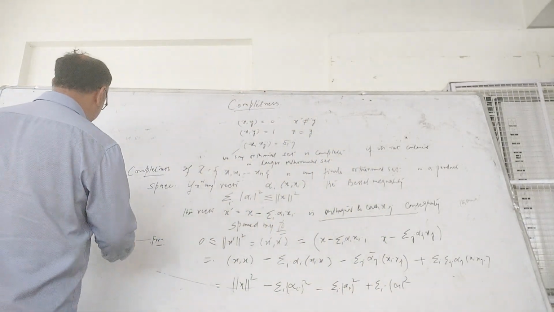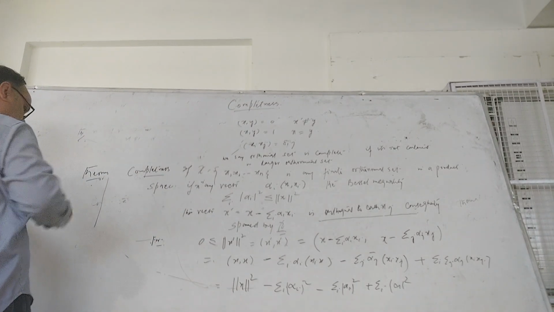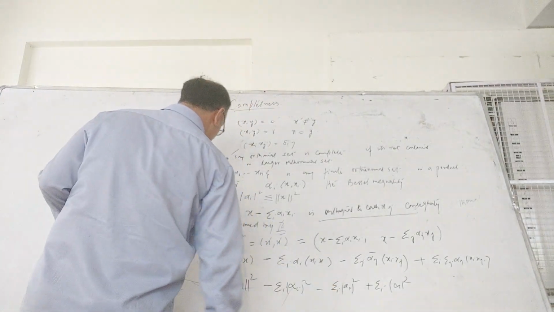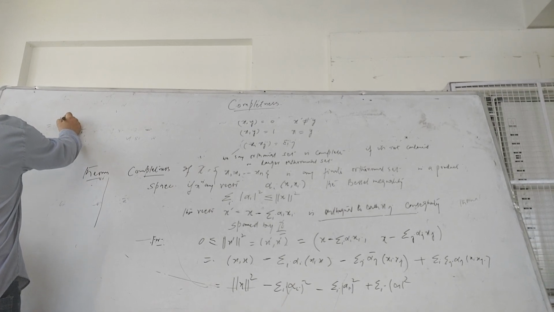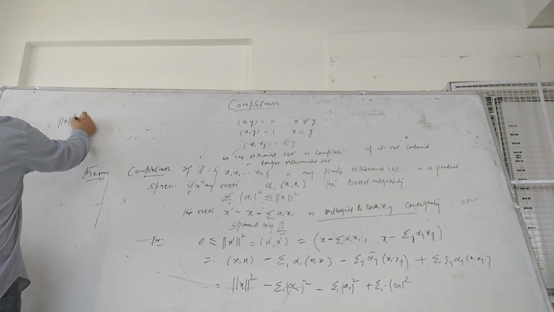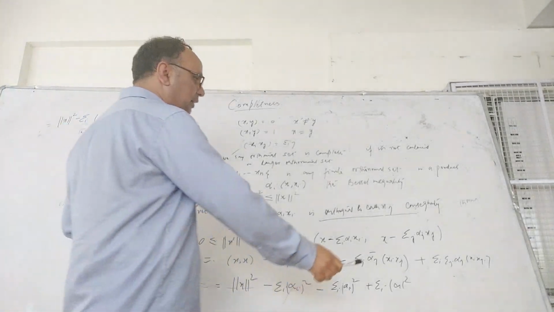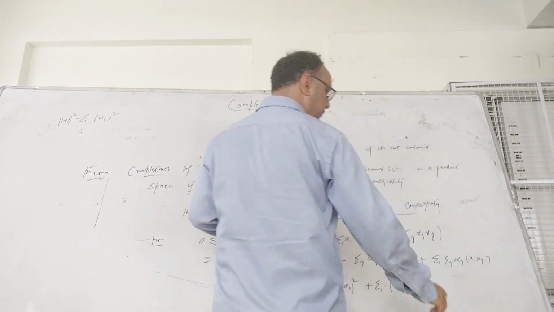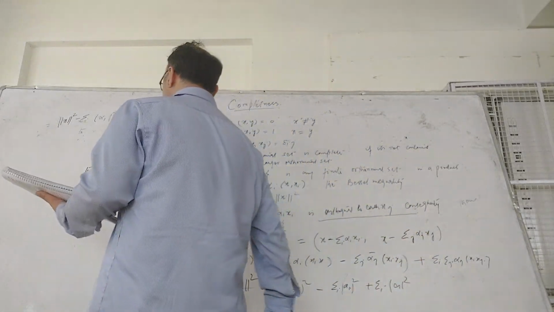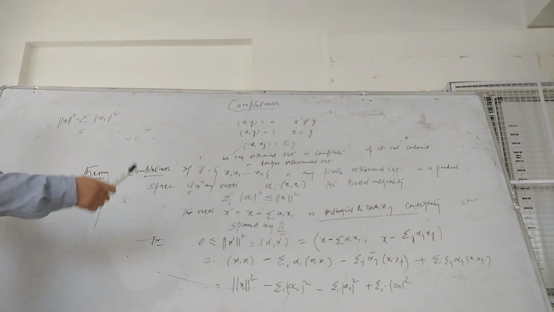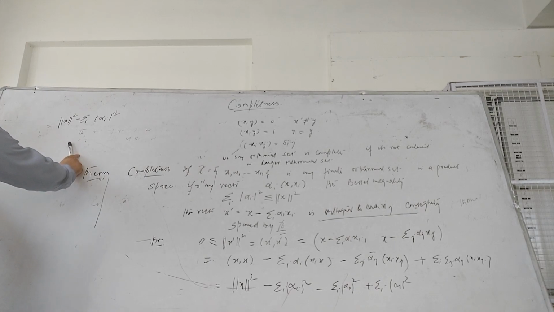If you look here, this will cancel with this. So you see that it will be the norm of x squared minus sigma i alpha i squared. With the orthonormality condition, it will be alpha j squared or alpha i squared when i is equal to j. So the first assertion is this.